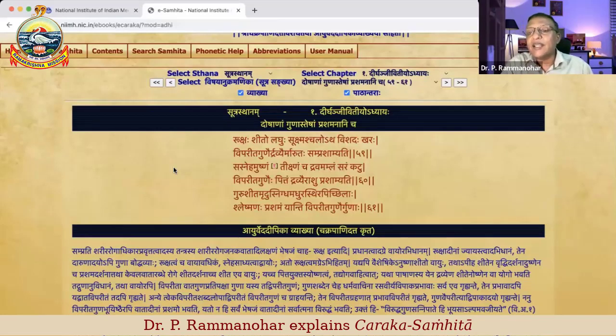If the body is in an extremely energy spending mode, then when we give Shita, Snigdha, Guru, Sthula gunas to the body, kapha will increase and the body will go from an energy spending mode to an energy conserving mode. Are you able to get the point that the doshas are actually shifting and fluctuating?